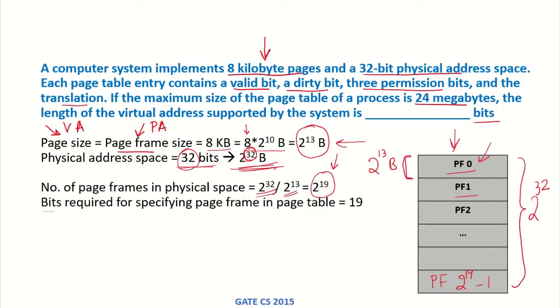So how many bits will be required to specify the page frame in the page table? 19 bits. So 2 to the power of 19 page frames will require 19 bits in the page table to specify the frame number. When we say the page table contains the translation, this refers to the page frame number.